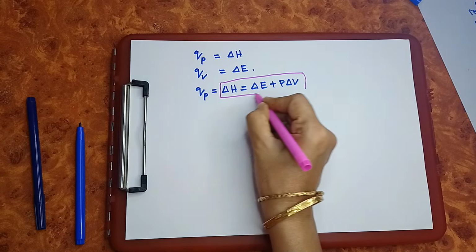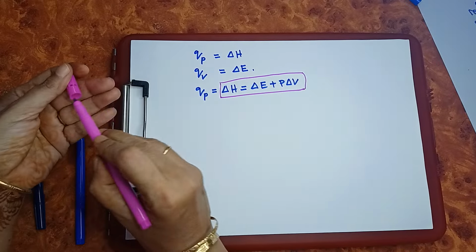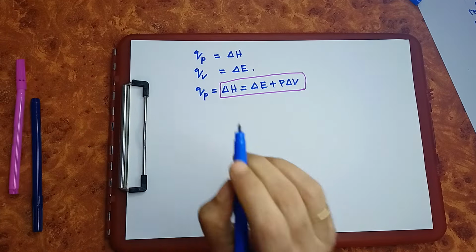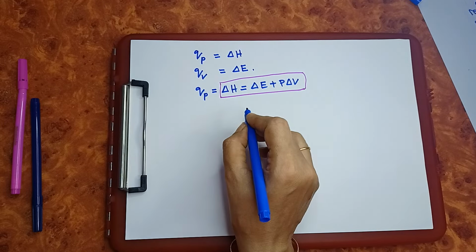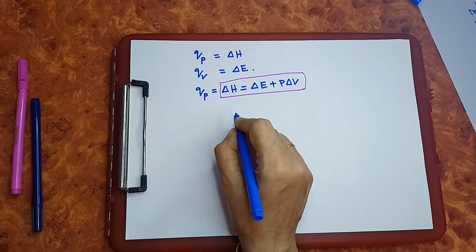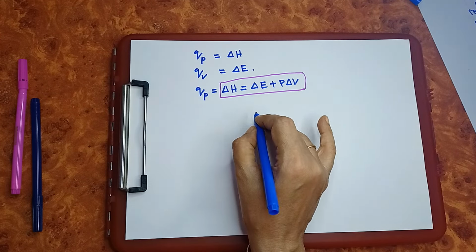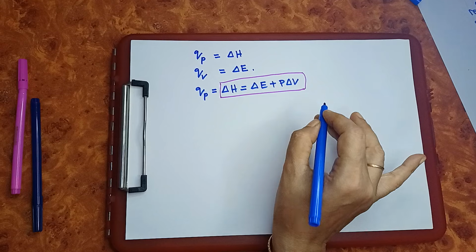This relation we know. Now suppose a reaction where the reactants and products all are gaseous. That means molecules of the reactants and products are all gaseous.